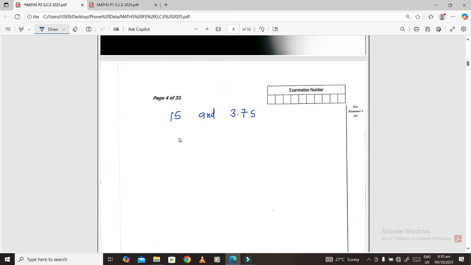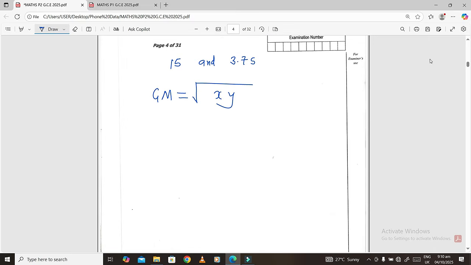So to find the geometric mean, GM, which stands for geometric mean, is equal to the square root of xy. So what is xy there? The xy will simply be equal to 15 times 3.75.